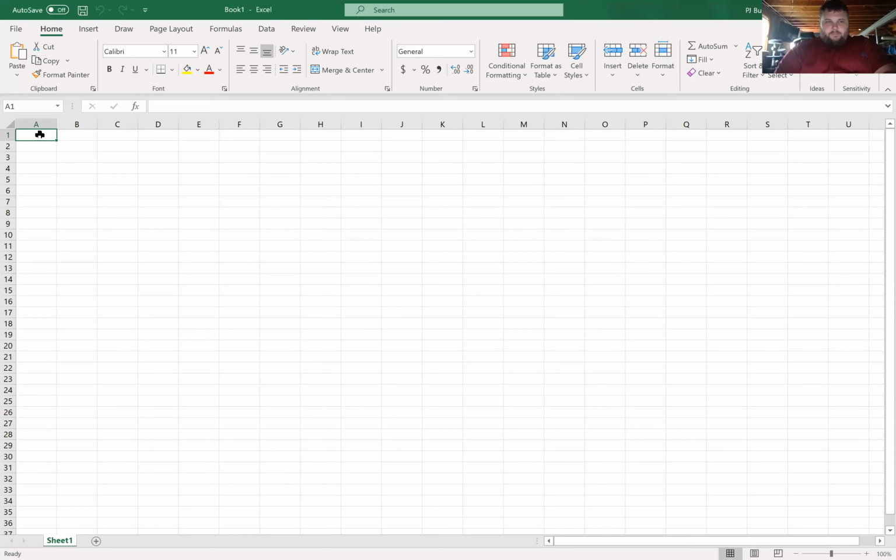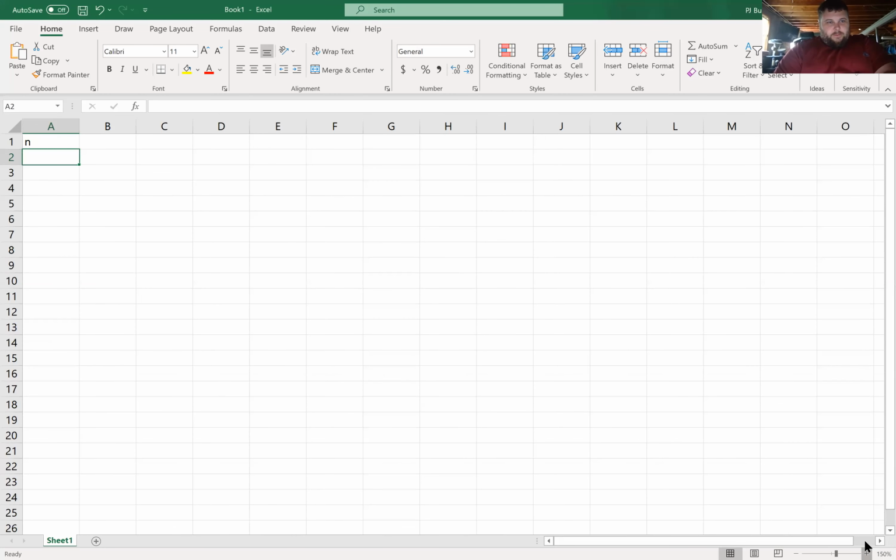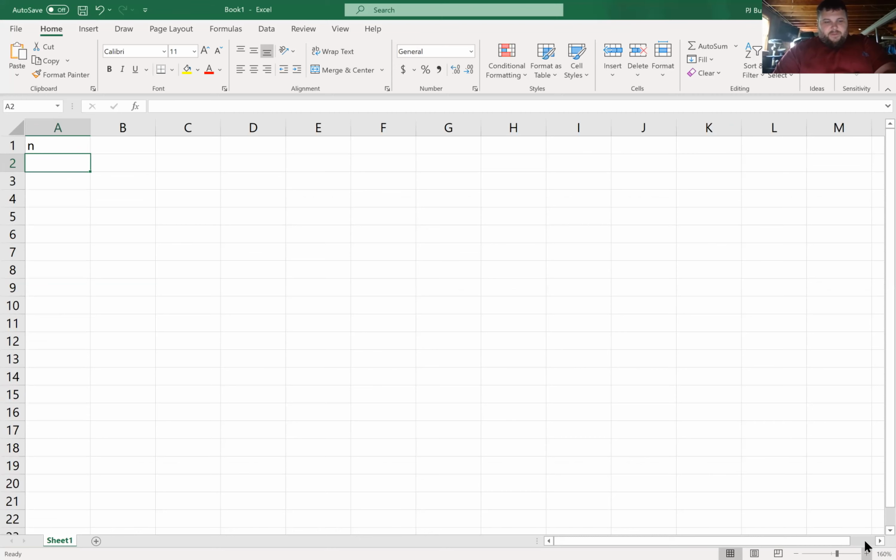So first, I need my values of n. Let me go ahead and zoom in a little bit here. We start at 1, so I'm going to do 1, 2, 3, 4, and so on.